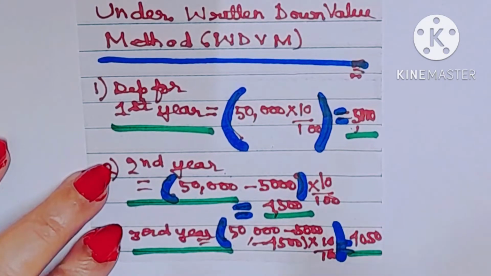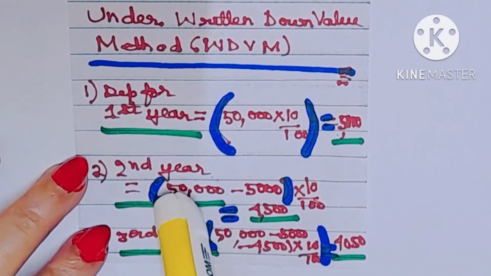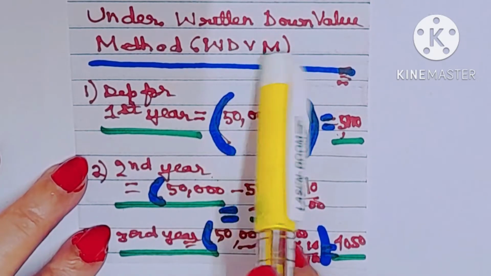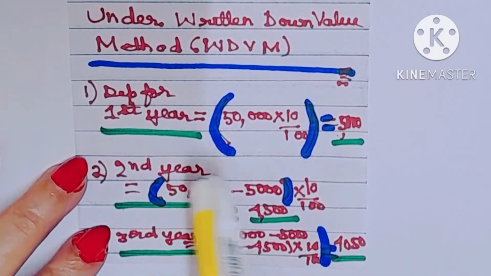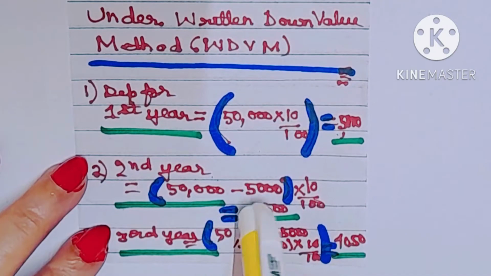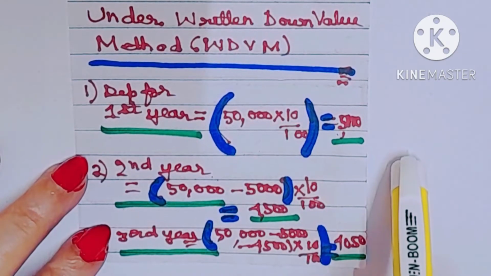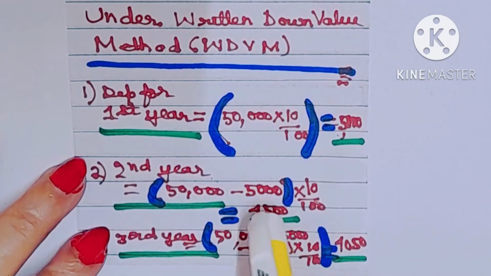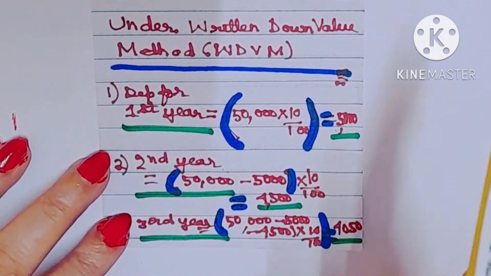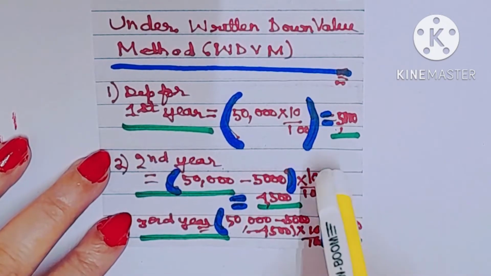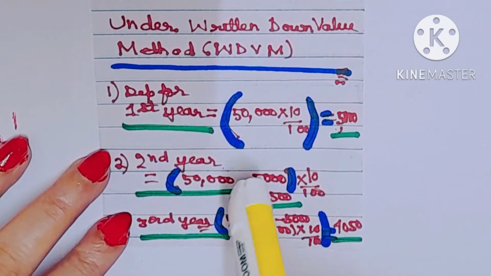What is book value? When you are charging depreciation in the second year under the written down value method, that means you are charging depreciation on the original cost minus depreciation for the first year. That will come to 45,000 into 10 by 100. That means you have to charge 10% on 45,000.